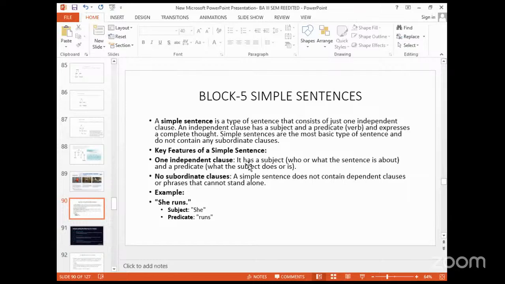Now clause here is nothing but a sentence. Please take it this way: either you can call it a clause or a sentence. A sentence has a subject and a predicate and expresses a complete thought. Simple sentences are the most basic type of sentences and do not contain any subordinate clauses.